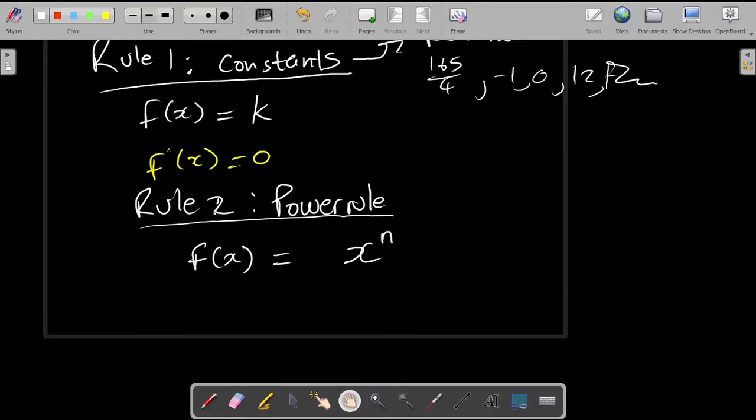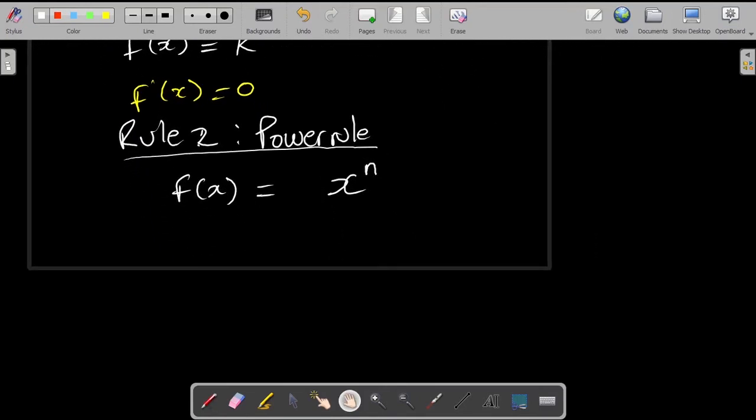If you wish to differentiate a function like this, the derivative is found by taking this power down, then keeping your variable but altering the exponent by subtracting 1.